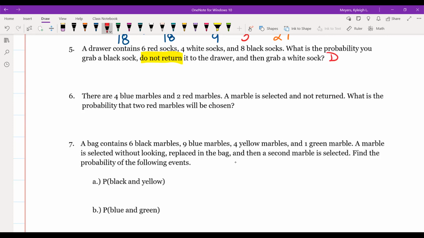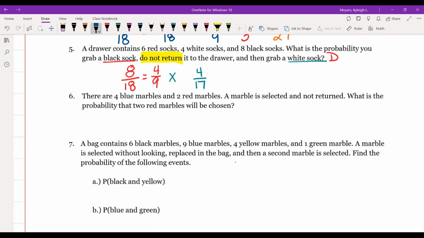They're dependent. So the probability I'll choose a black sock is 8 out of 18. I'm going to simplify that fraction first. So 8 out of 18, both can be divided by 2, which will be 4/9. Okay. And then we don't return it. We grab a white sock. So since I took out a black sock, it's going to be out of 17 now, because I took out a black sock and didn't put it back. But I'm grabbing a white sock, so there's still 4 white socks in there.